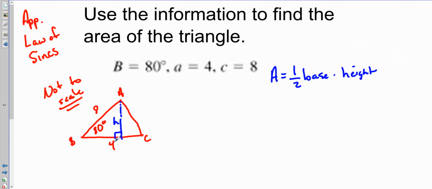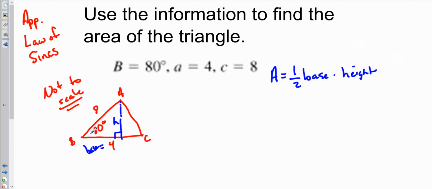All we know is that we have a side right here, which is going to be our base if I draw it like this, and another side of this triangle, and the angle between them. So the question is, if I draw a height going this way, how can I figure out the height and this area?